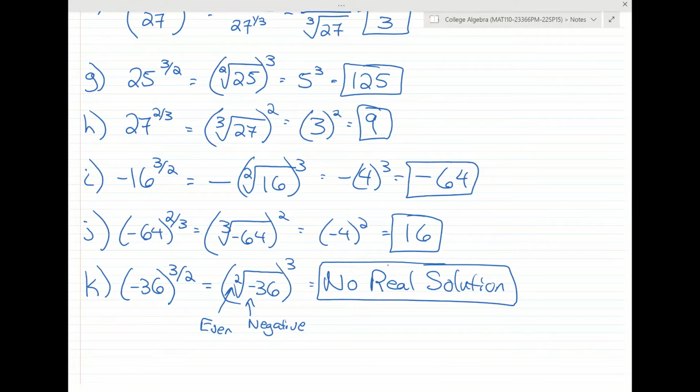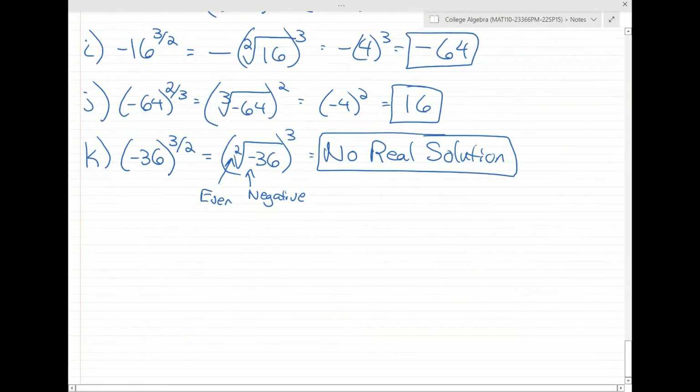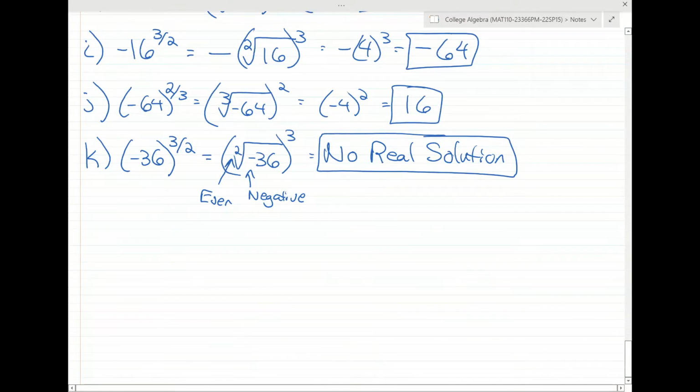Other types of problems I wanted to go over with you. You could actually just prove this in the same type of example. Call it example L here. We have 81 to the negative 3/4 power.